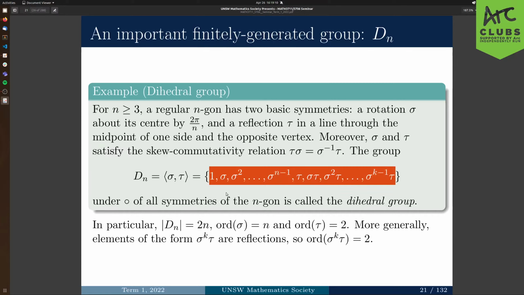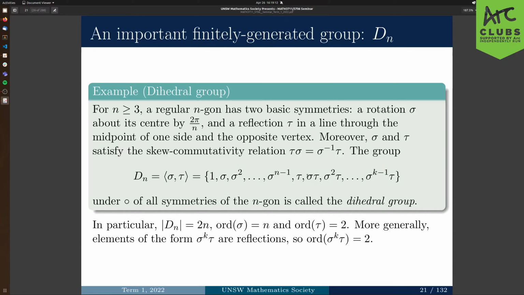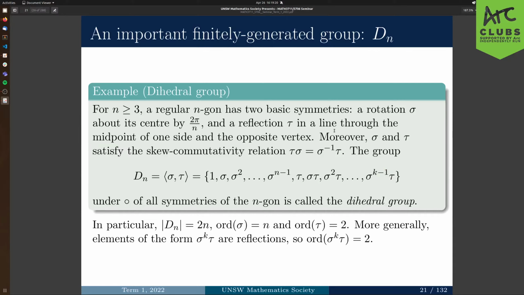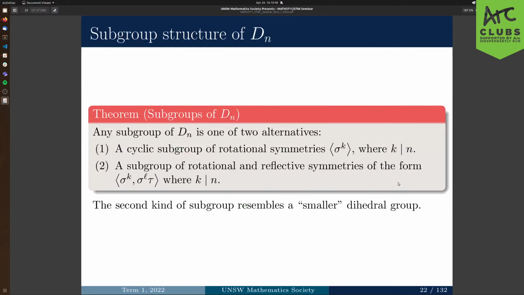As a function group, all of these things are basically functions, so it's natural to consider that the multiplication should be function composition, and once you take that you get the dihedral group. You can see from this representation that it has 2n elements. The order of this rotation is n, reflections always have order 2, and the rest of these elements here are also reflections.